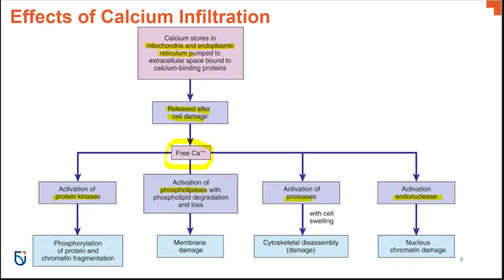So the bottom line is that when a cell is injured, the endoplasmic reticulum and the mitochondria are going to release calcium into the cytosol of the cell. And remember that the mitochondria, in addition to being a powerhouse, also helps regulate calcium. So when it's damaged, calcium's not being regulated, and you get a constant increase in calcium within the cytosol of the cell. And we know that calcium causes activation of enzymes that lead to further destruction.